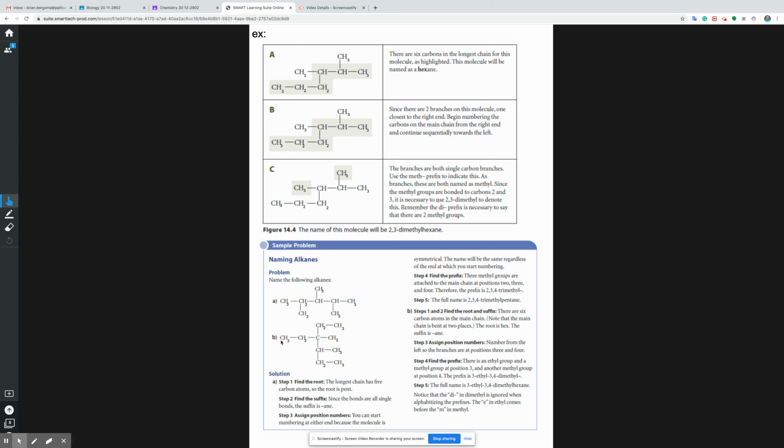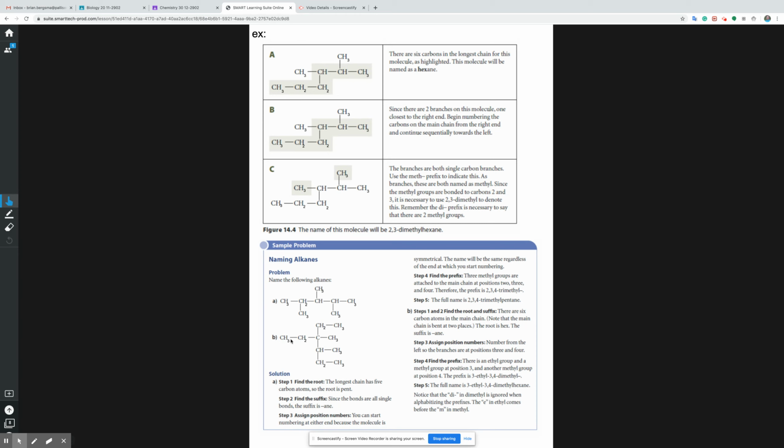If we start here, it'd be 1, 2, 3, 4. So either way, we'll have our numbers 3 and 4. But since we have 2 branches coming off this one, instead of having 3, 4, 4, we'd rather have 3, 3, 4 as our numbering. So we're going to start our numbering from this side.